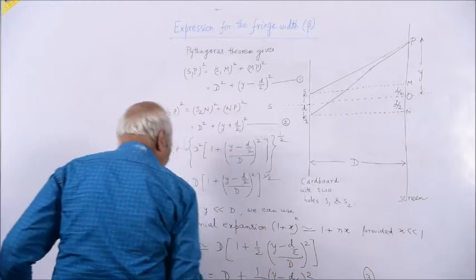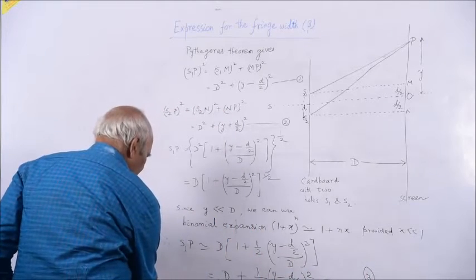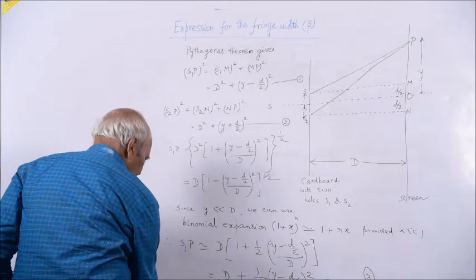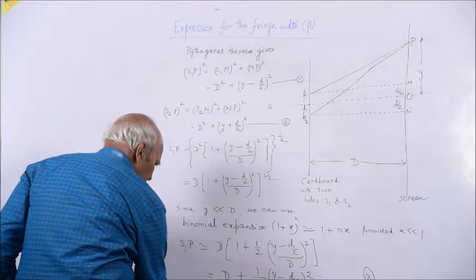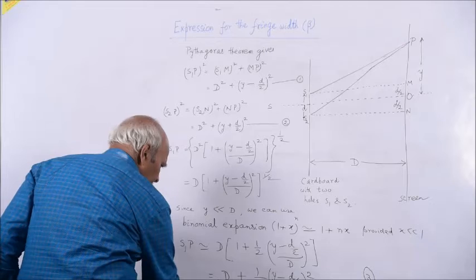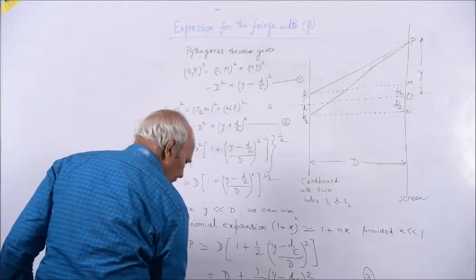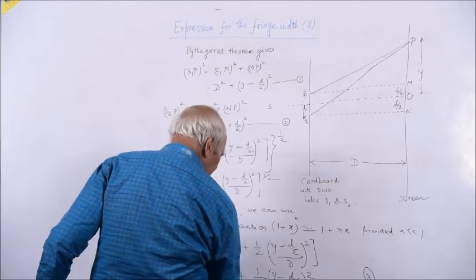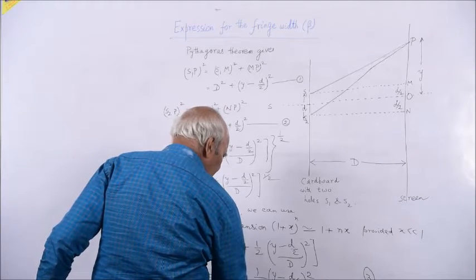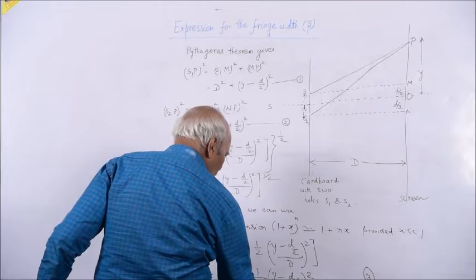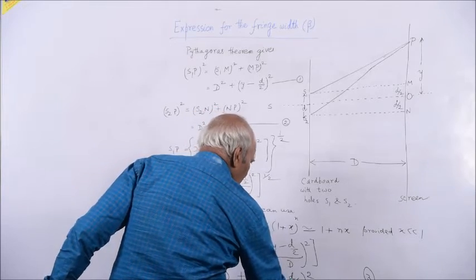In the same way, from equation 2, we can write S2P is equal to D plus 1 by 2D times (y plus d by 2) whole square, equation number 4.